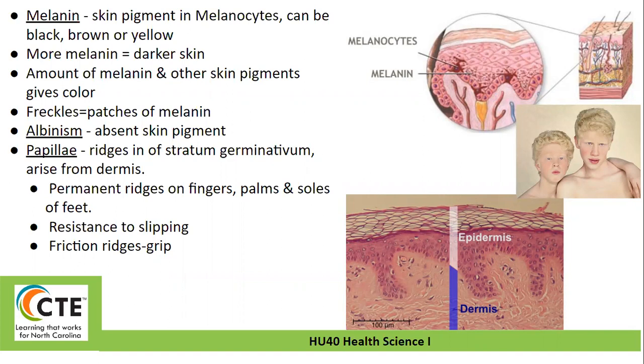Reddish. Okay. It would be reddish because there's no skin pigment there, so there's no color, so it's basically clear, and what we're seeing are the blood vessels, which makes me think these guys just live up north somewhere.